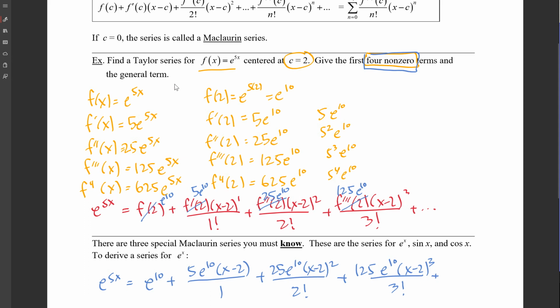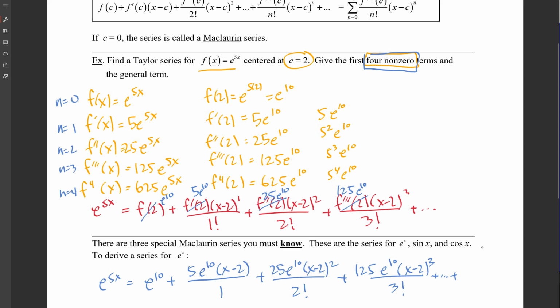If I want the general term also, what that means is to write a formula for this problem here. So the formula will be dot, dot, dot, plus, okay? And the formula will be this right here. Remember, it's 5 raised to the n, because this was n equals 0, this was n equals 1, this was n equals 2, n equals 3, n equals 4, right? The n is this power here.